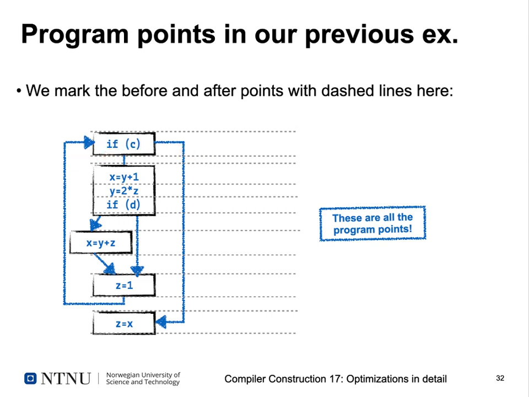Then we have a program point before it, but also whatever comes out of if C in terms of variable state is also arriving at this program point here that is located before the start of our final instruction here. And so for all of our instructions, including the instructions inside of our basic blocks, we have program points that define a before and after condition for each of our variables. And the question is now, how can we actually make use of them?